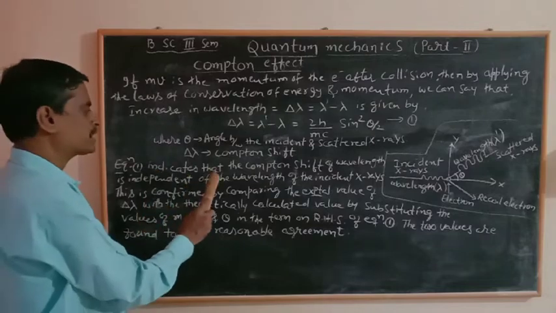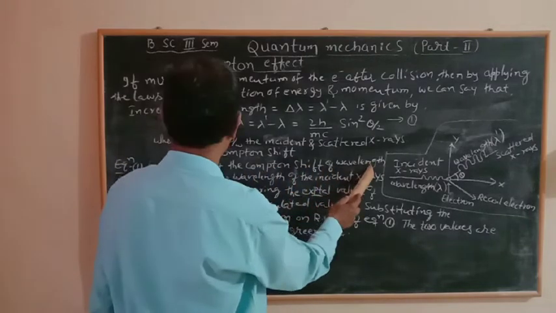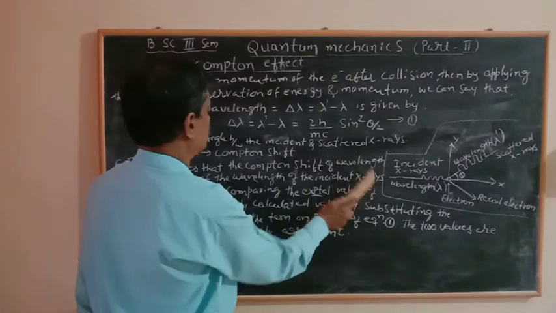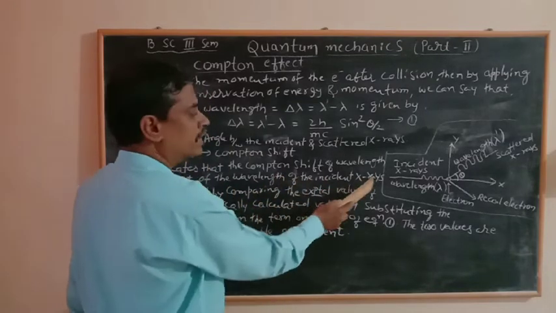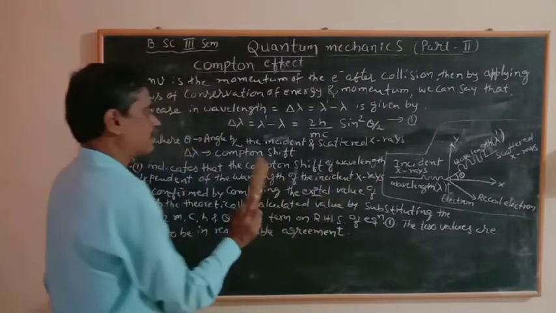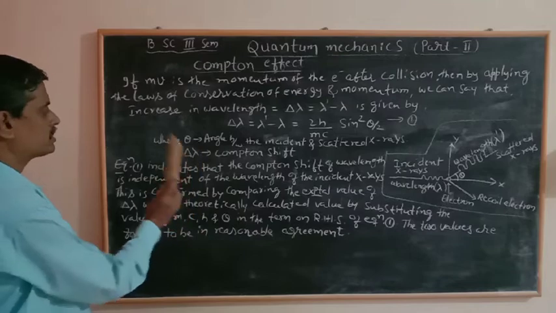Equation 1 indicates that the Compton shift of wavelength is independent of the wavelength of the incident rays. Whatever type of X-rays you have taken for the calculation, it does not depend on this.